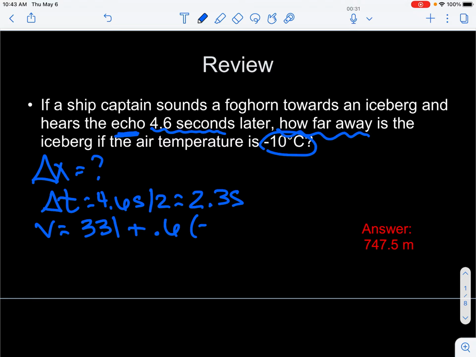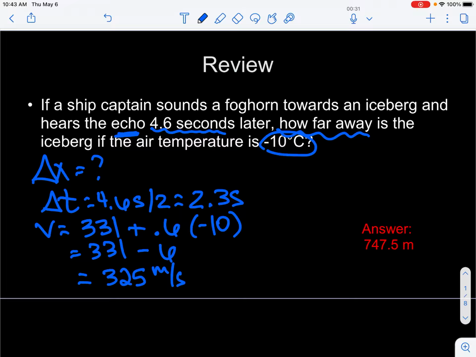Now this is a negative, so we still have to take that into account. So that's going to be 331 plus a negative 6, so it's just like saying minus 6. Okay, so 331 minus 6 gives us 325 meters per second.